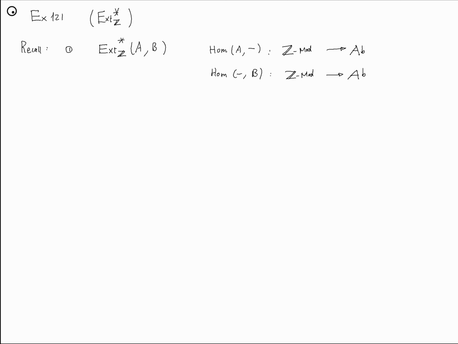And they are left exact functors. Let's see, left exact covariant functors. And so they have right derived functors, the exterior.